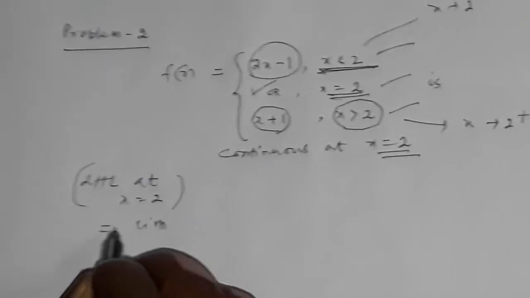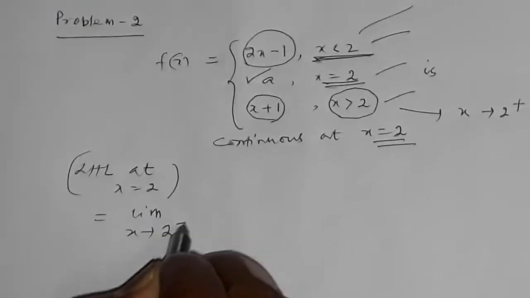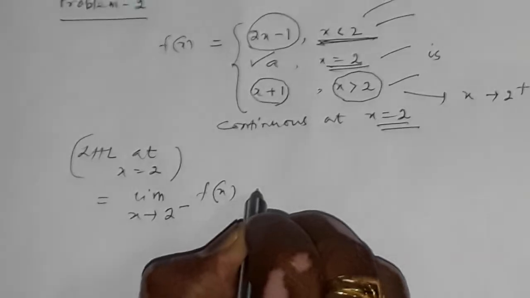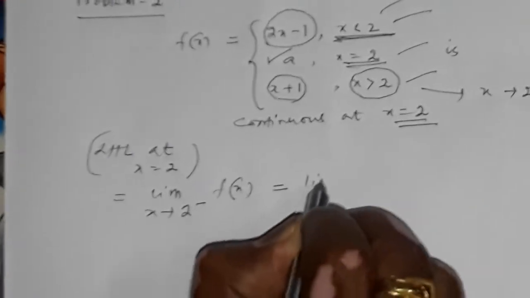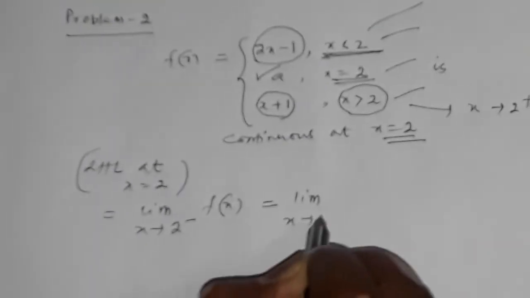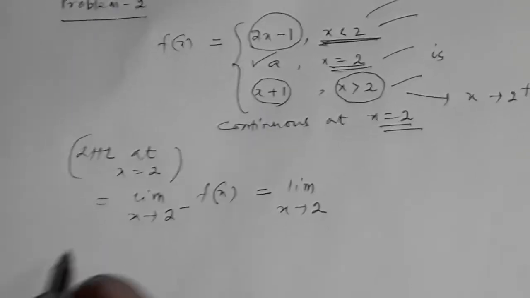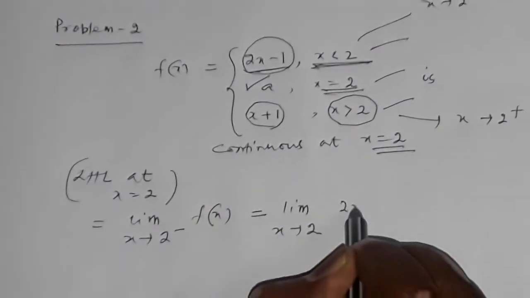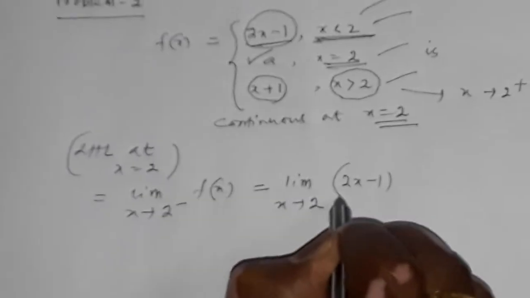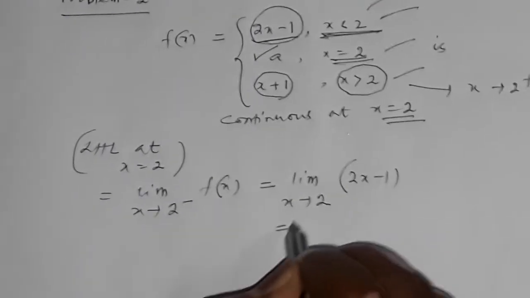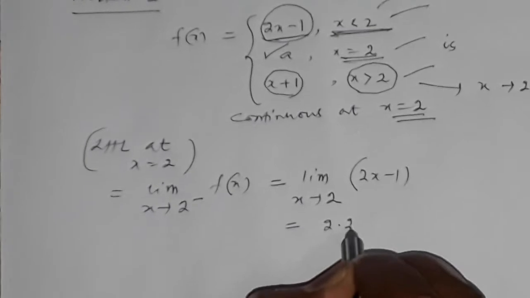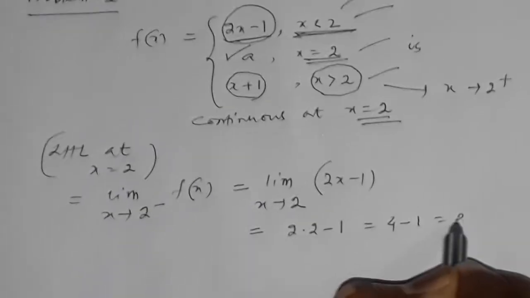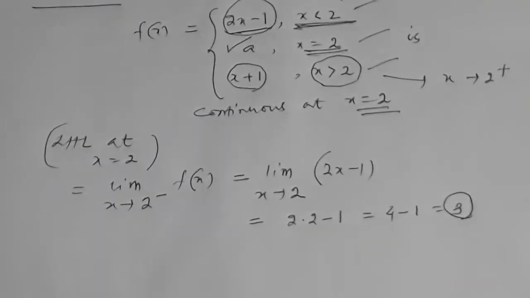Limit x tends to 2 minus of f(x) equals limit x tends to 2 of 2x minus 1, which equals 2 into 2 minus 1 equals 4 minus 1 equals 3.